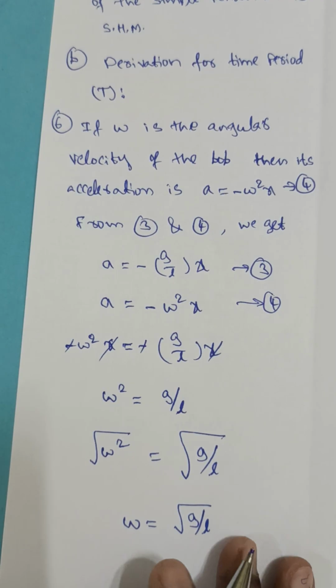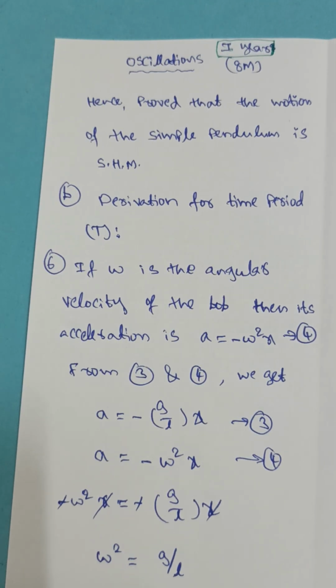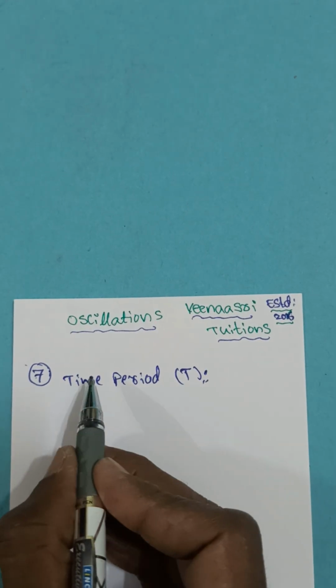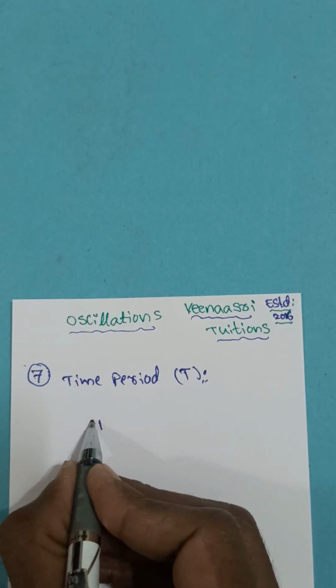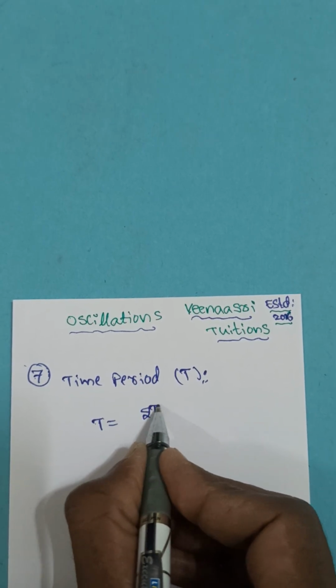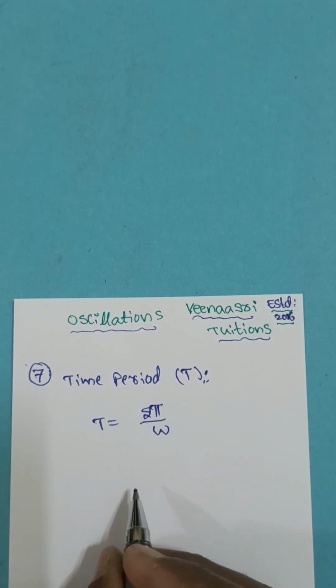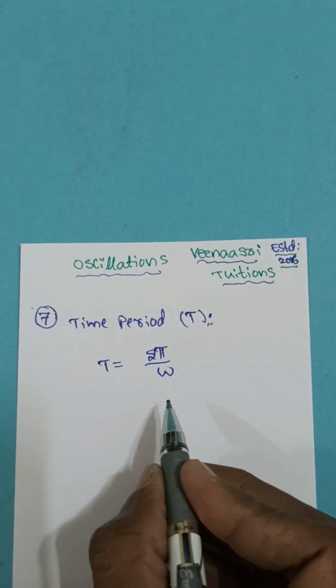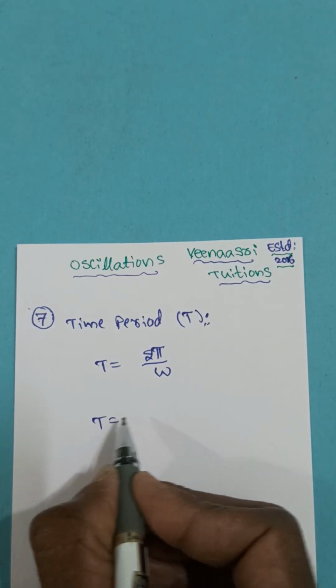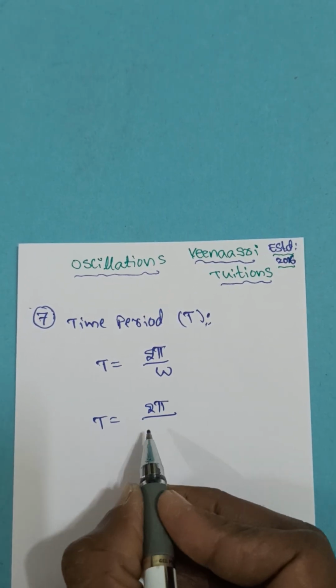But we want derivation for its time period. Time period T is equal to 2 pi by omega.